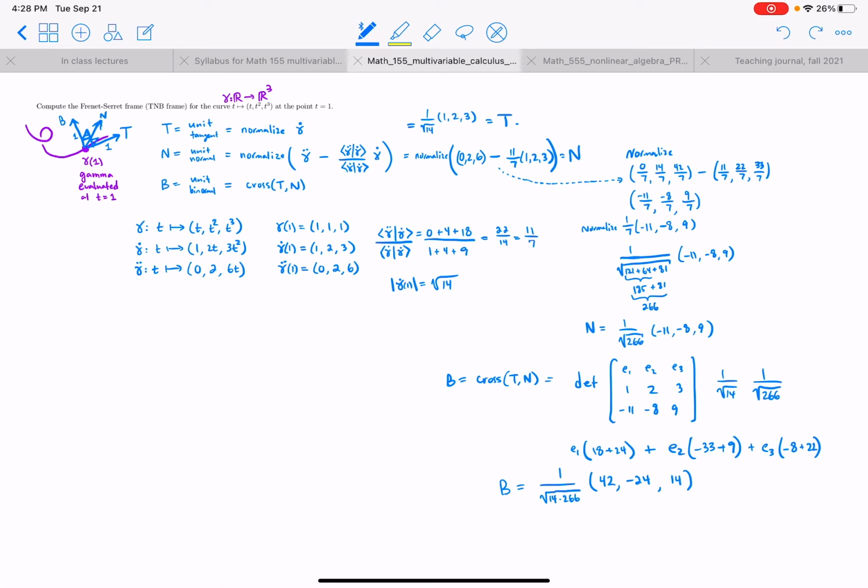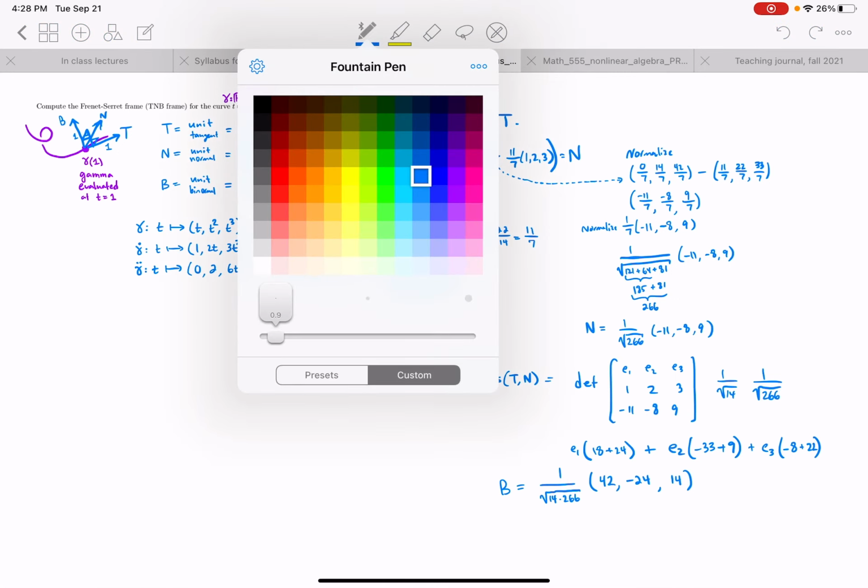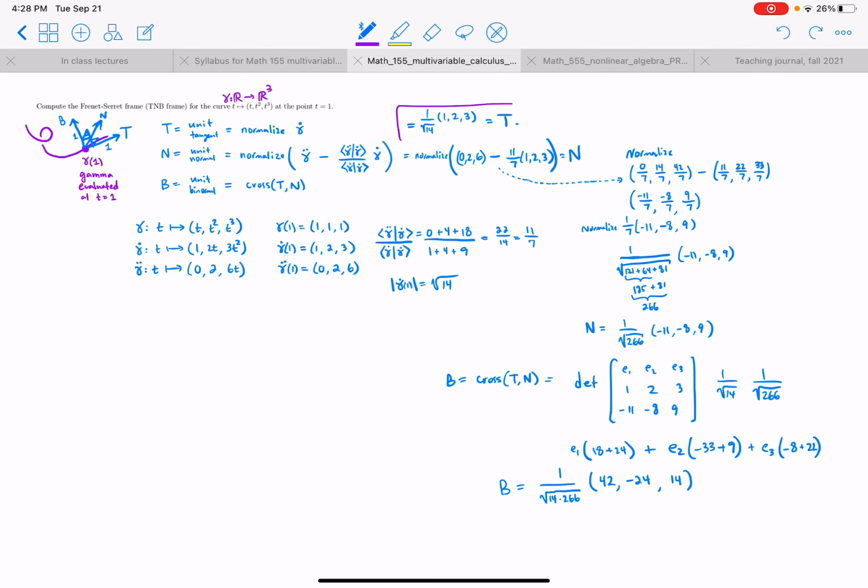So at the end of showing you how to do that, here's what I'll say. The answer that you need to give me is the unit tangent, and then this piece. I don't even mind if you leave this subtraction of fractions undone. But if you have this, this says exactly what the answer is. You've computed the answer, except you just haven't done the subtractions or the normalizing. But if you wrote this word, then you know that you need to do that. And then finally, the cross product is just something that we just have a computer do. It's a determinant.